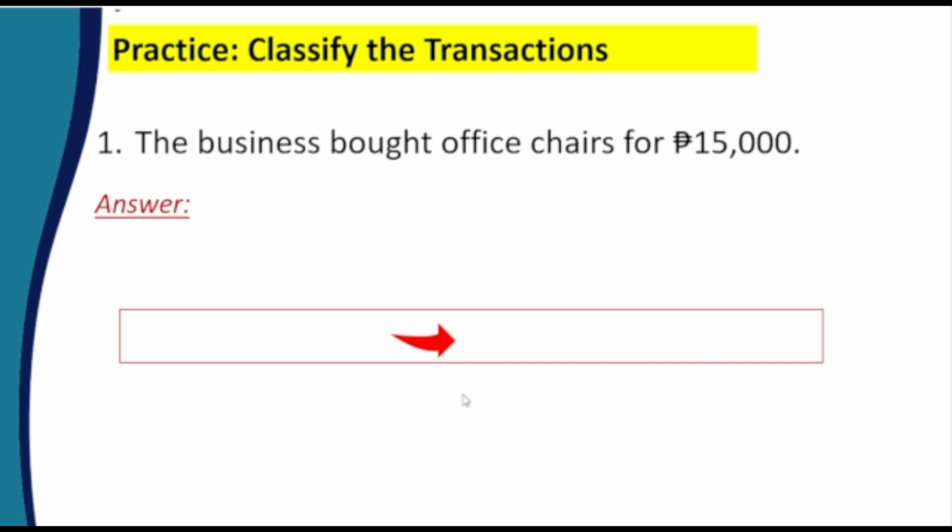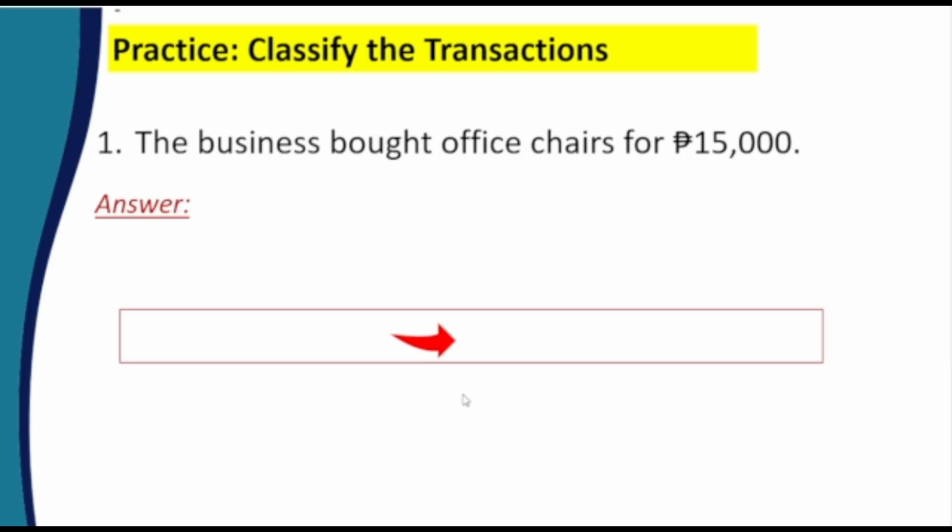So una natin na isipin is yung major accounts niya. Ano ba yung major accounts niya na maaaring yung office chairs ay mailagay doon, no? Isipin mo na yung office chairs is the account title, specific account titles. Then, ang hahanapin mo na lang is the major accounts na.